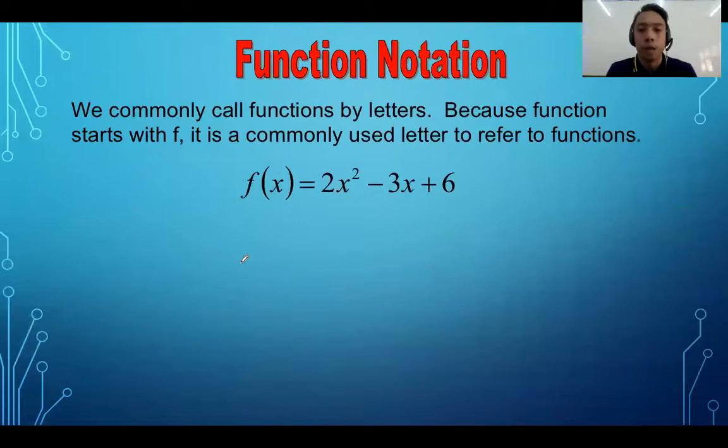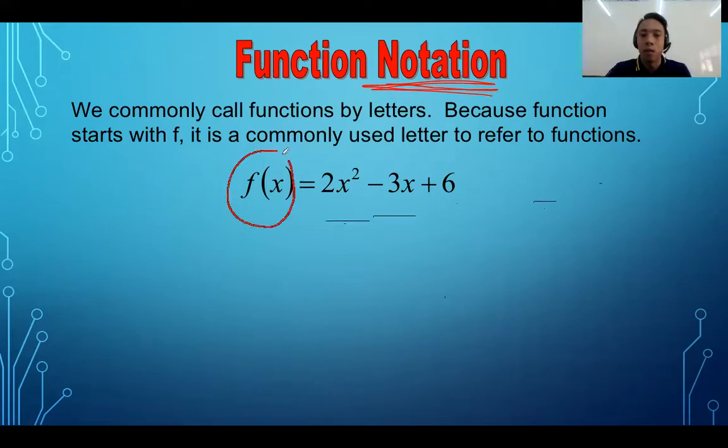So this is what we call the function notation. When we say function notation, this is the symbol. Notation, how we can represent a thing. This is how we can represent the function notation.